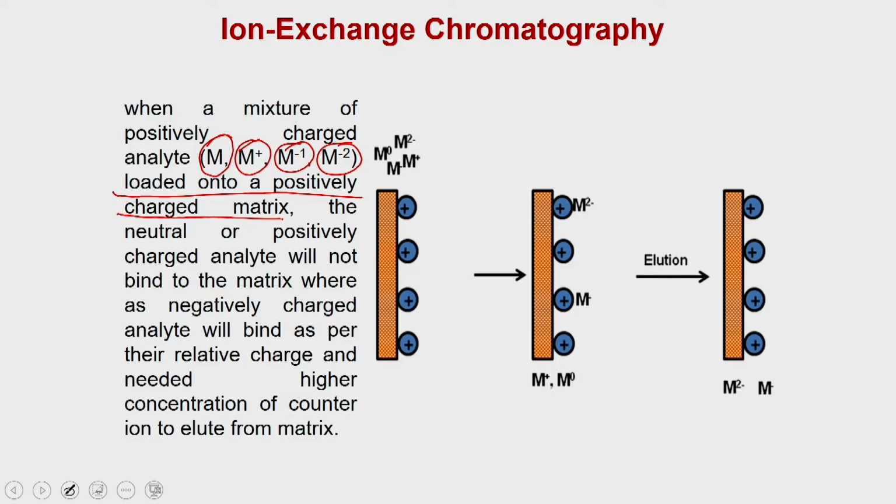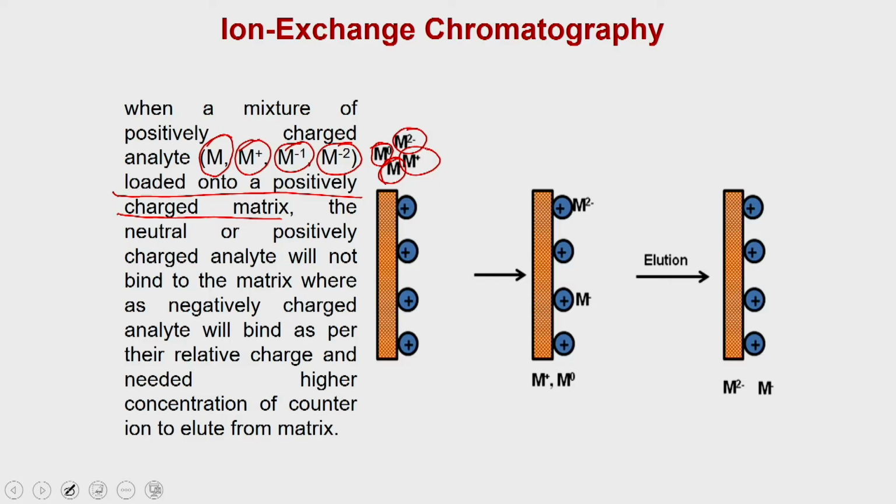M is neutral, M2 minus has two negative charges, M minus has one negative charge and M plus has one positive charge.